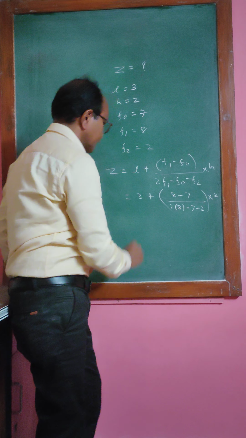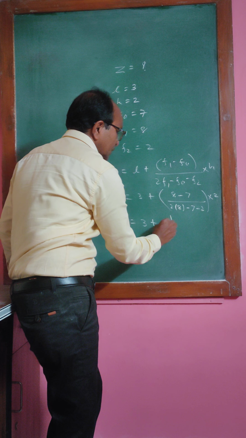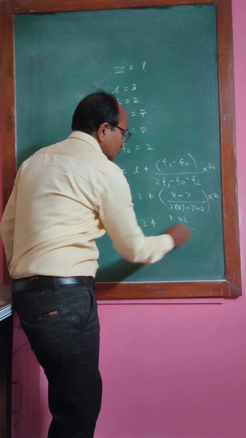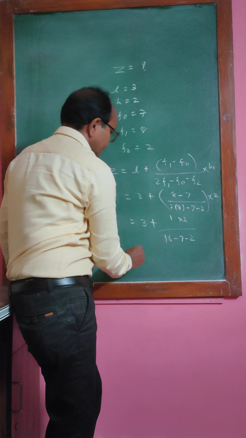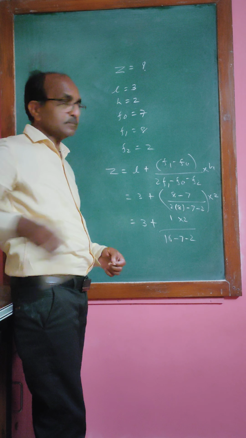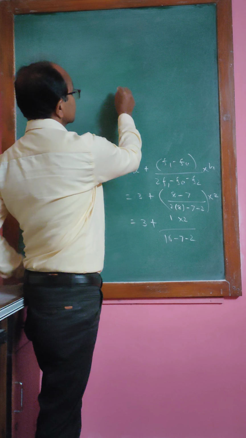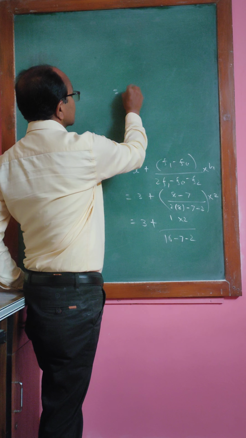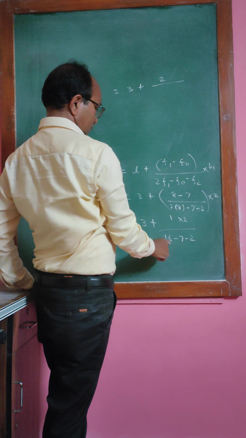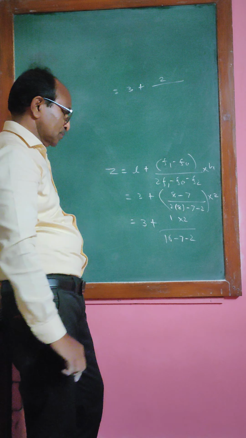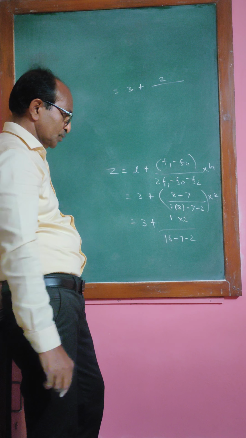H is also 2. It is equal to 3 plus 8 minus 7, 1, into 2, divided by 16 minus 7 minus 2, which is equal to 3 plus 2 upon 16 minus 7, which means 9, minus 2, 7.